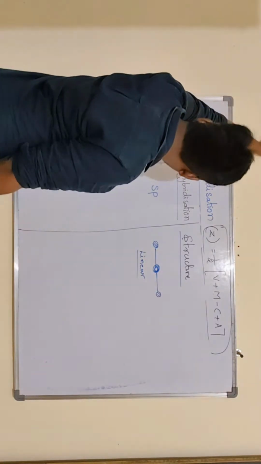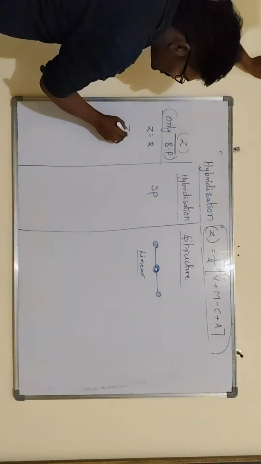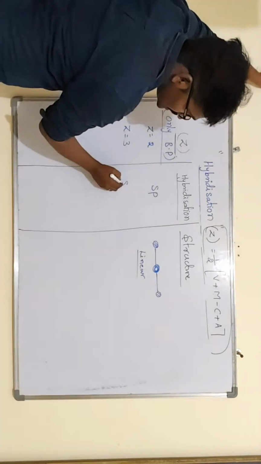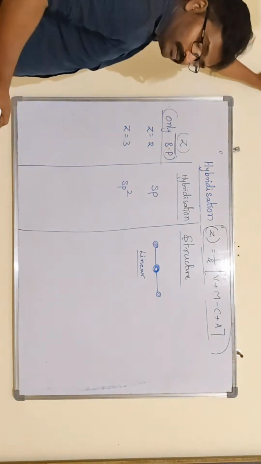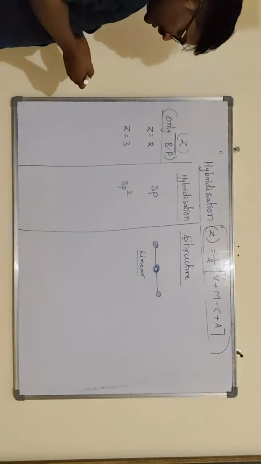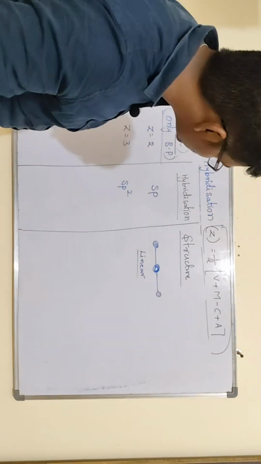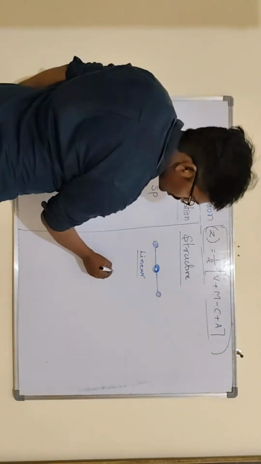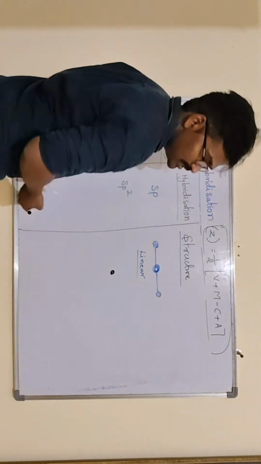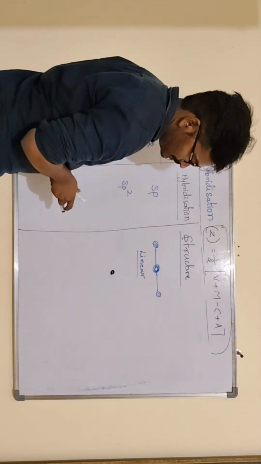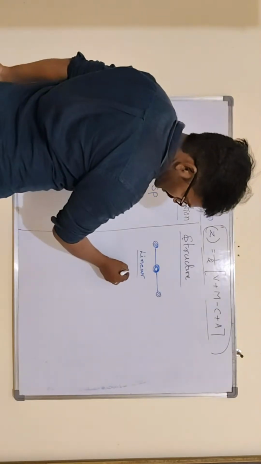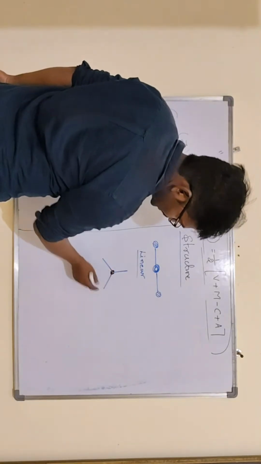Linear geometry. Then Z value 3 is there. sp2 hybridization. So Z value 3, nothing but bond pairs are how many? Bond pairs are 3. This is the central atom, take it as central atom. Then the surrounding atoms you can take like this.